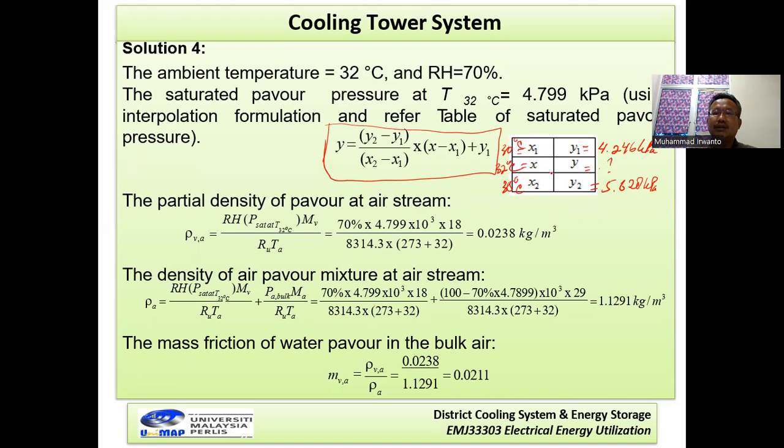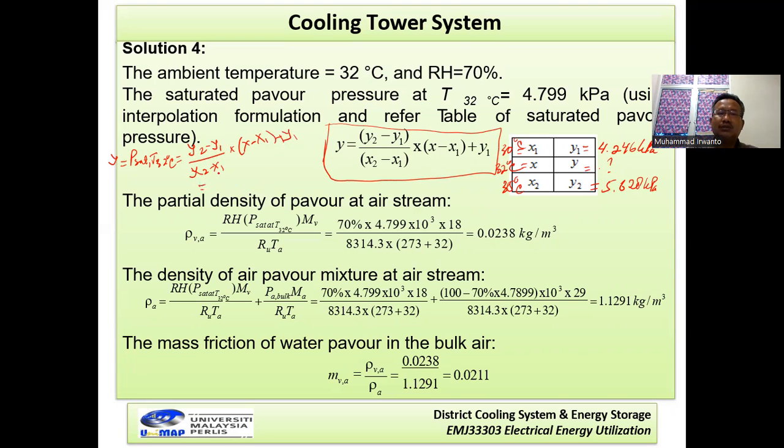Now we want to find the saturated vapor pressure for the temperature of 32 degrees Celsius. We can use this formulation: Y, the saturated vapor pressure for 32 degrees Celsius, is equal to (Y2 minus Y1) over (X2 minus X1), multiplied by (X minus X1), plus Y1.